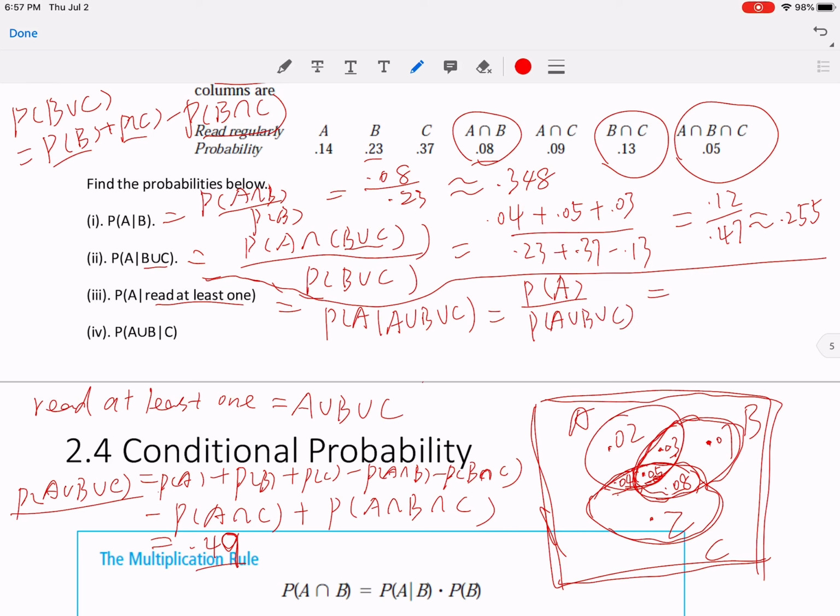What is the probability of A again? 0.14, which is given. And the probability of A union B union C is 0.49. If you type this in your calculator, this is approximately 0.286.